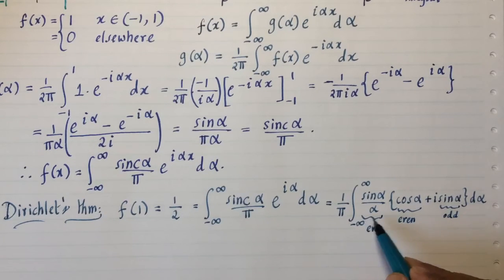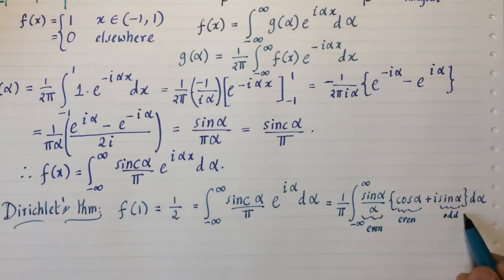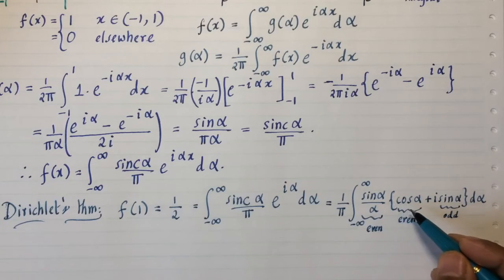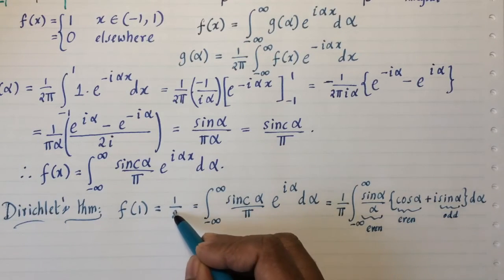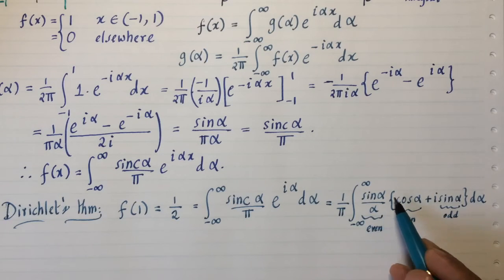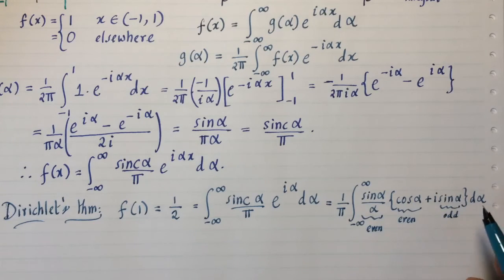The product of even times even is even. The product of even times odd is odd. Therefore, this will not contribute, and so we have just this. That is as it should be, otherwise you're going to get half, which is a real number, equal to something plus an imaginary number that will not look good at all from the complex analysis point of view. So it's a good thing that it went away.